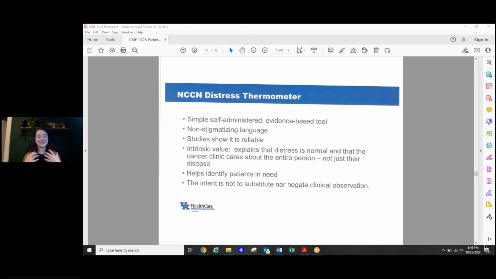And so sometimes it's helpful for us to bring it up with them. It uses non-stigmatizing language. It is evidence-based and reliable. It helps identify patients in need. And while it is helpful as a starting point, it is also important for us to step in as the social worker and use our own clinical observation to see where the needs are. So next slide.